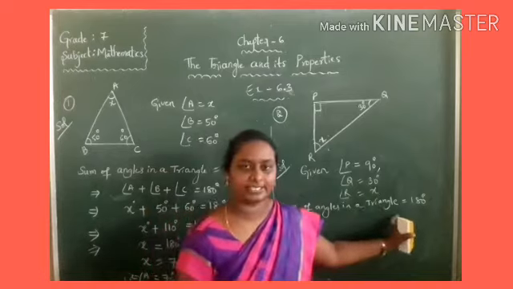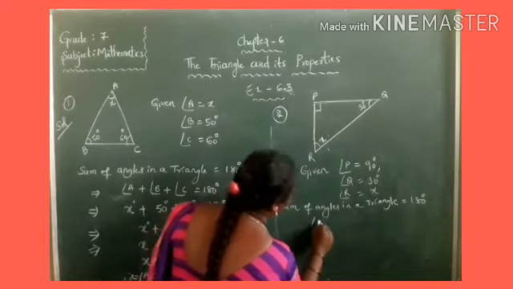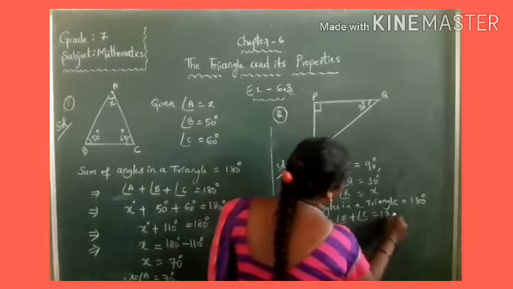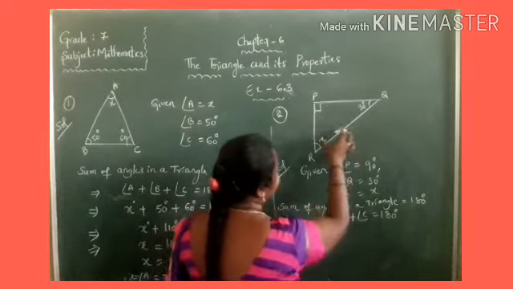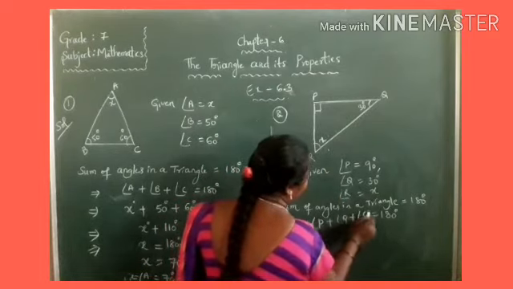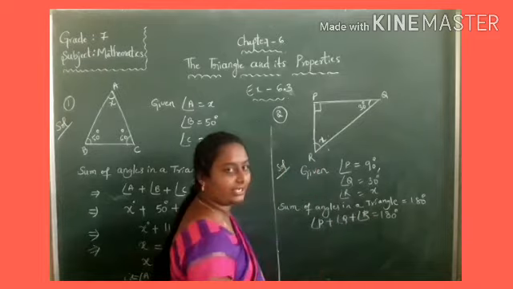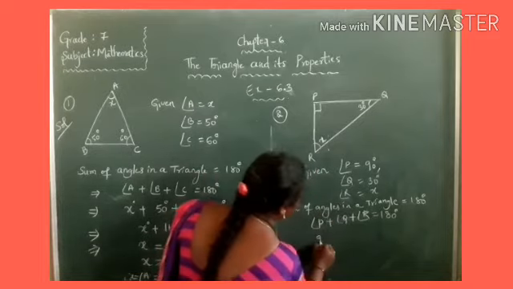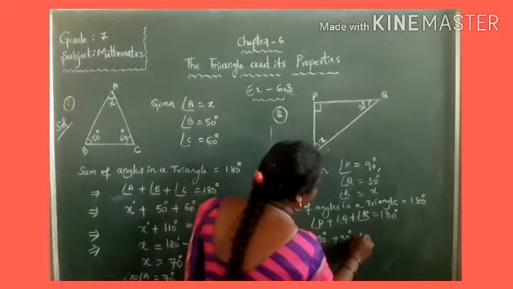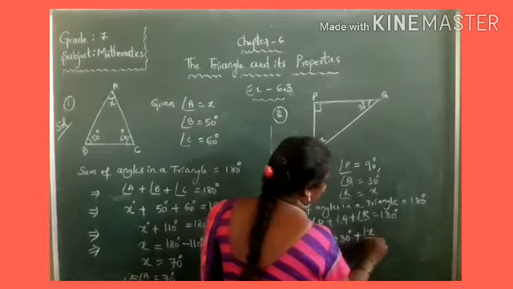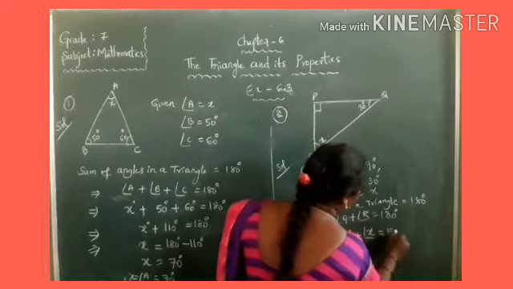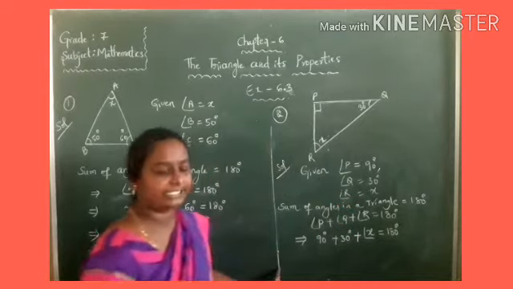Angle A plus angle B plus angle C is equal to 180 degrees, but here we have taken PQR, so write angle P plus angle Q plus angle R. Angle P is 90 degrees, angle Q is 30 degrees, angle R is x, so it is equal to 180 degrees.